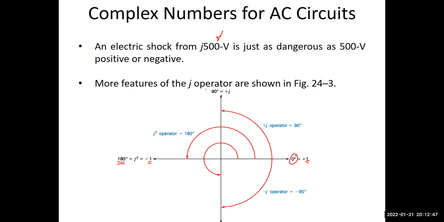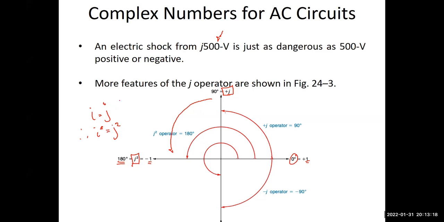Okay? So more features of the J operator are shown here. So we have, sinasabi natin, from 0 to 90 degrees, that is positive J. Okay? And another 90 degrees would be equal to J square. Di ba? Sabi natin kanina, yung I is also equal to J. So therefore, I square is also equal to J square.